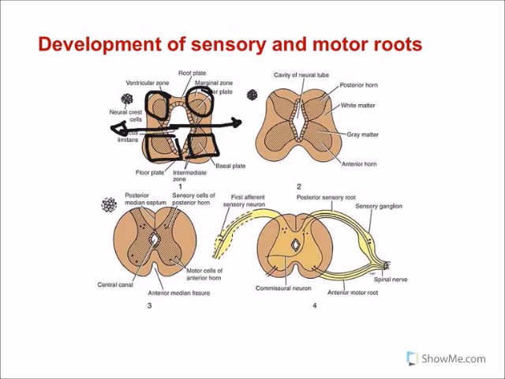So the alar plate will extend dorsally to form the posterior horn cells or the posterior root of the spinal cord, and the basal plate will extend ventrally or anteriorly to form the anterior or the motor horn of the spinal cord. The cavity of the neural tube narrows to form the central canal of the spinal cord.